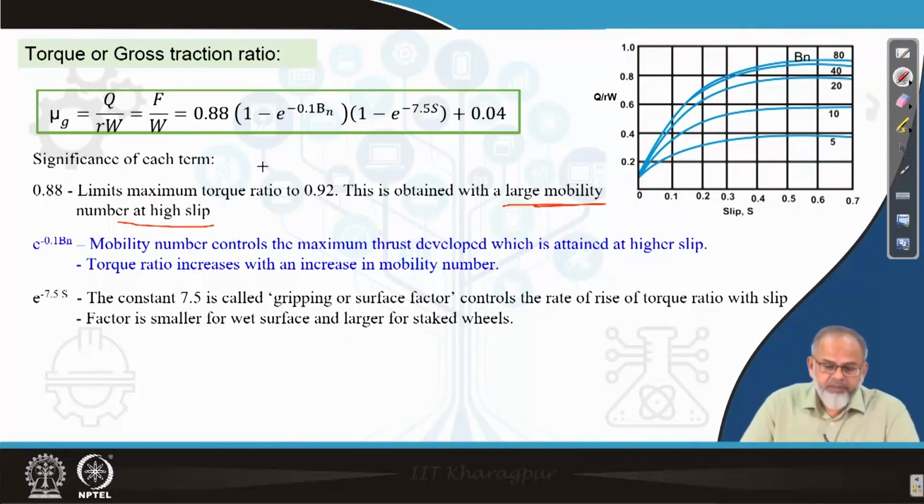Now, the next important term is e to the power minus 7.5 S. The constant 7.5 is called the gripping or surface factor. It controls the rate of rise of the torque ratio curve with slip. The factor is smaller for wet surfaces and larger for stacked wheels.